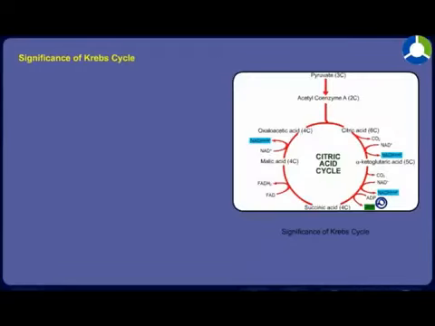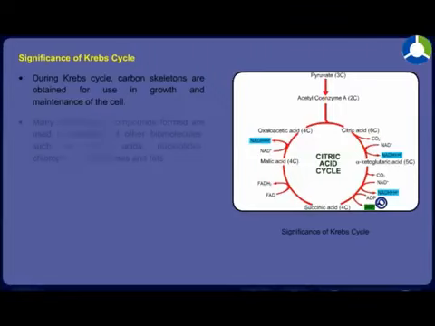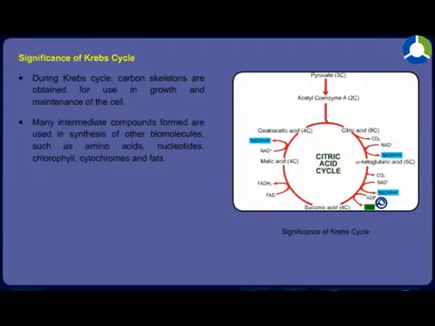Significance of Krebs cycle. During the Krebs cycle, carbon skeletons are obtained for use in growth and maintenance of the cell. Many intermediate compounds formed are used in synthesis of other biomolecules such as amino acids, nucleotides, chlorophyll, cytochromes, and fats.